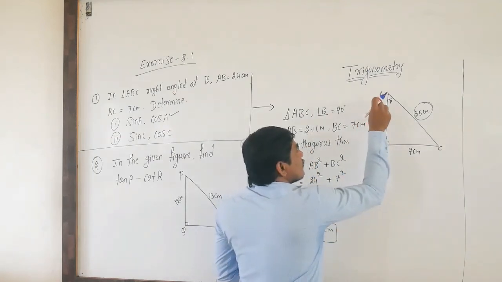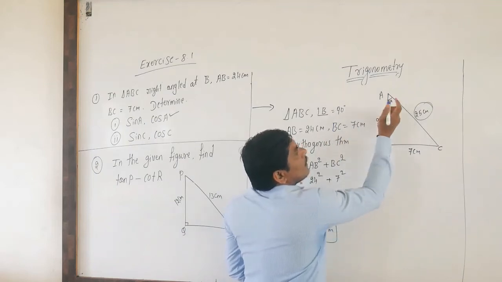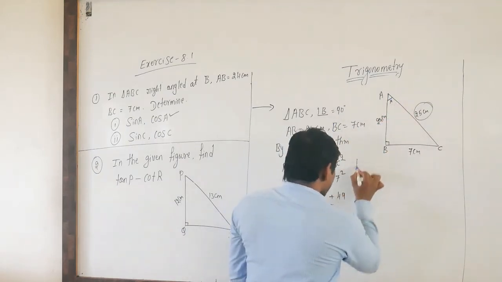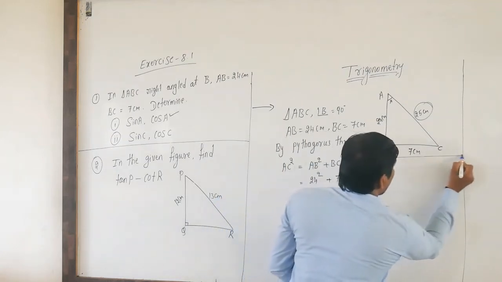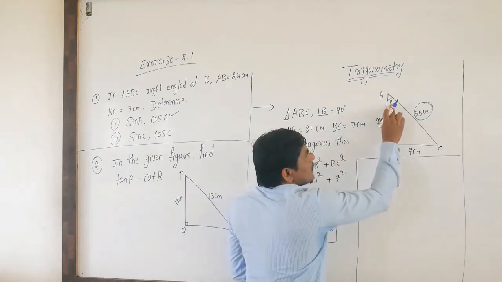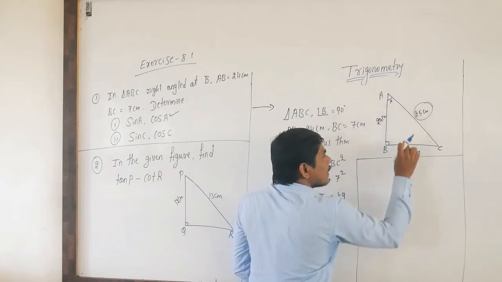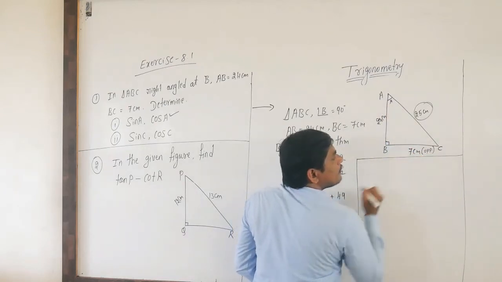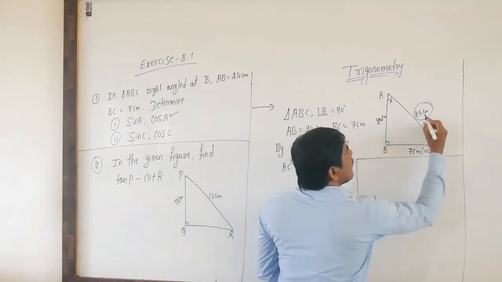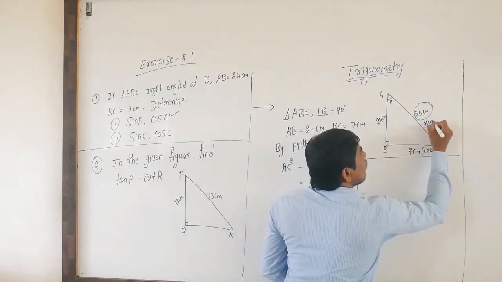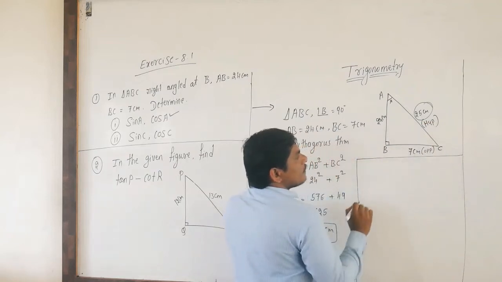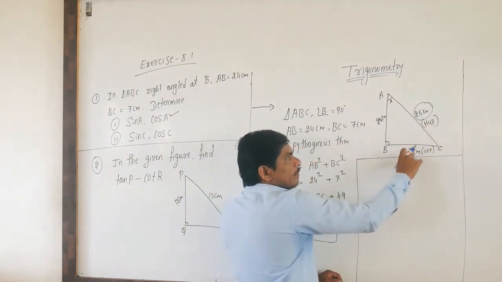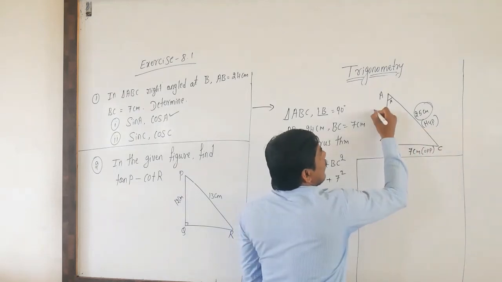Here in this problem, we consider angle A as acute. The acute angle's opposite line segment is always the opposite side. The 90 degree opposite line segment is always the hypotenuse side, and the line adjacent to both of these sides is the adjacent side.